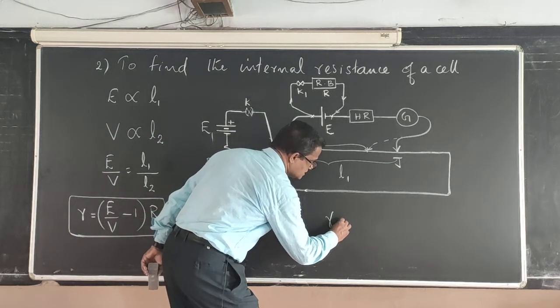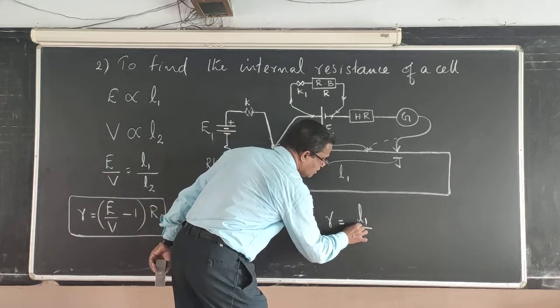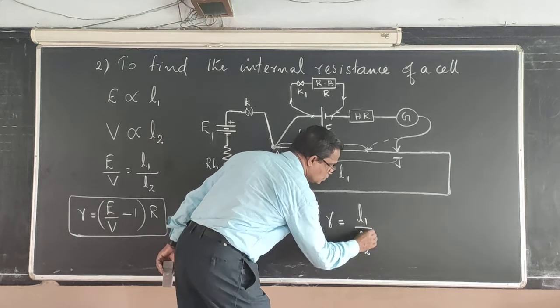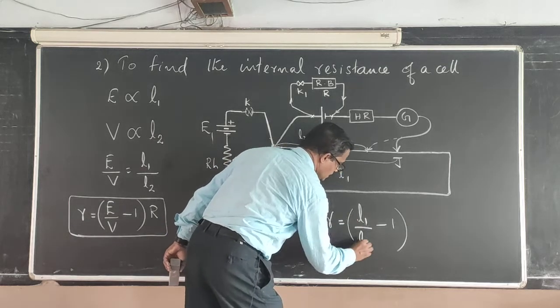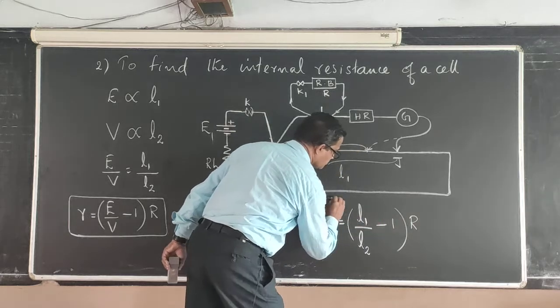Therefore, internal resistance r equals (L1 by L2 minus 1) into capital R.